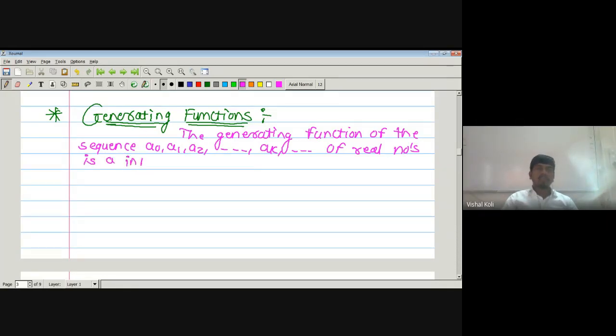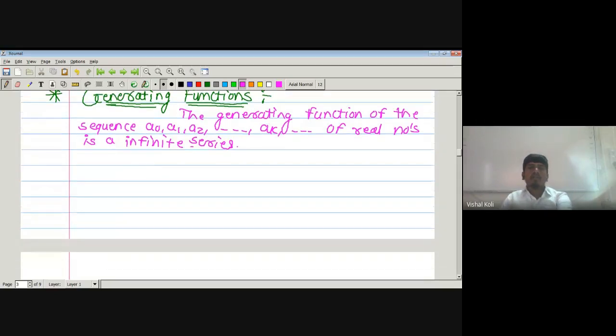That is, if suppose we have been given any sequence a naught, a1, a2 up to so on, ak, in which each a naught, a1, a2 up to so on, ak is a real number, then its generating function is nothing but a sum of these a naught, a1, a2 up to so on, ak with powers of x, which is nothing but the infinite series.